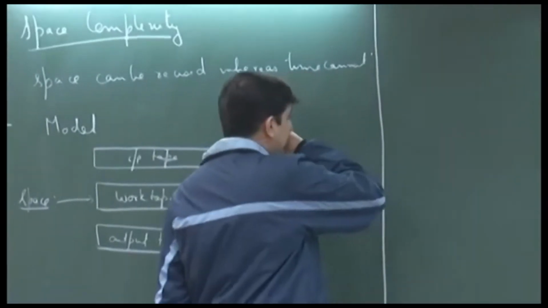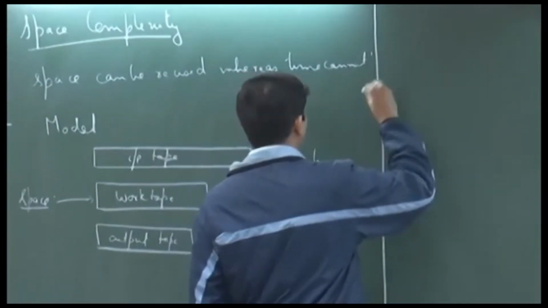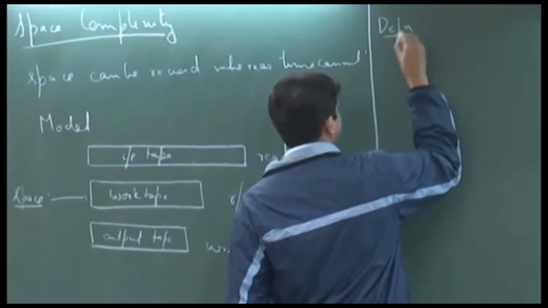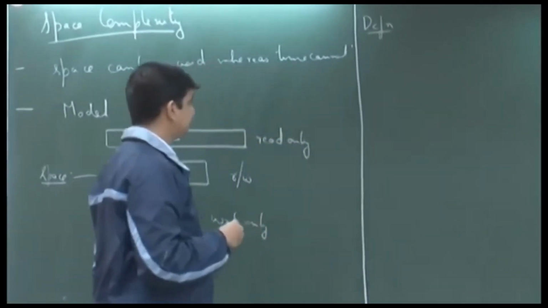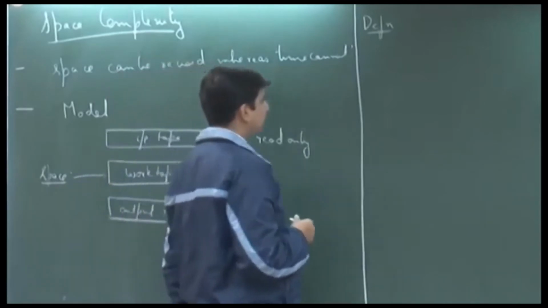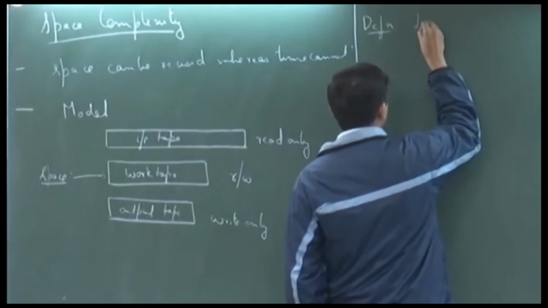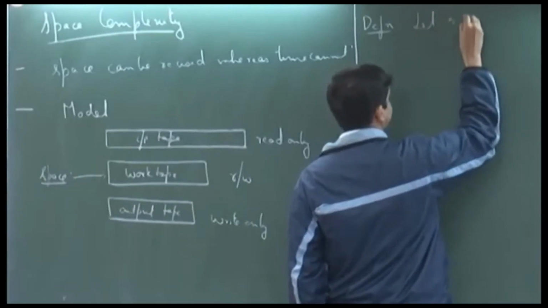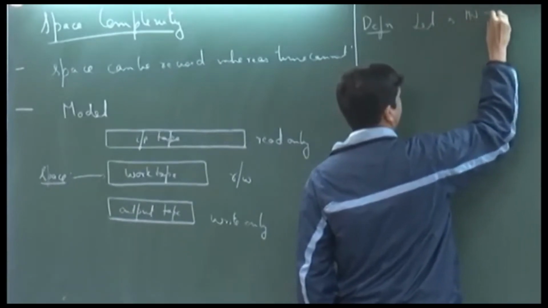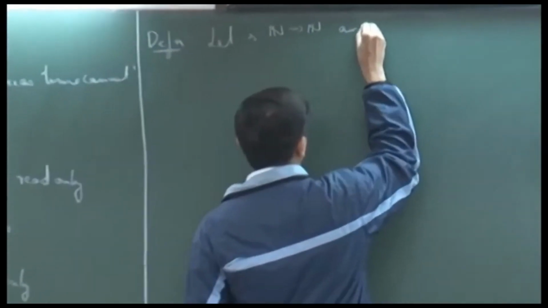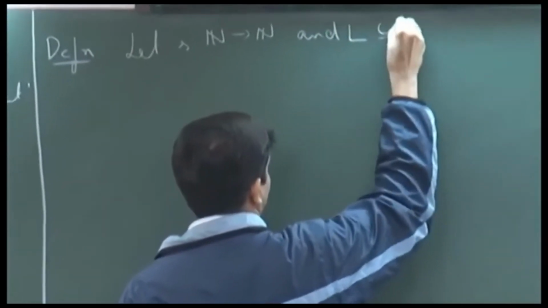So, now with this model, let us define complexity classes with space as our resource. So, let S be a function from natural numbers to natural numbers and L be some language.